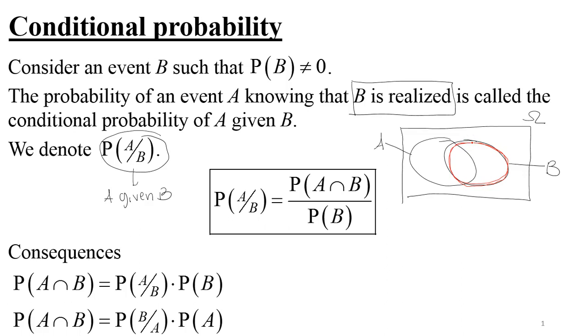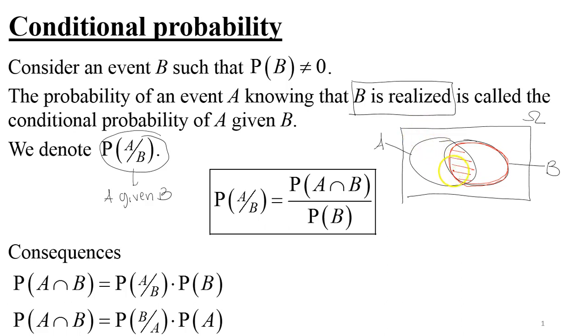And knowing that this event is realized, we no longer look outside of that event. It is as if B becomes my total population. So to determine the probability of A, given that B is realized, we look for the chance of A happening inside of B.